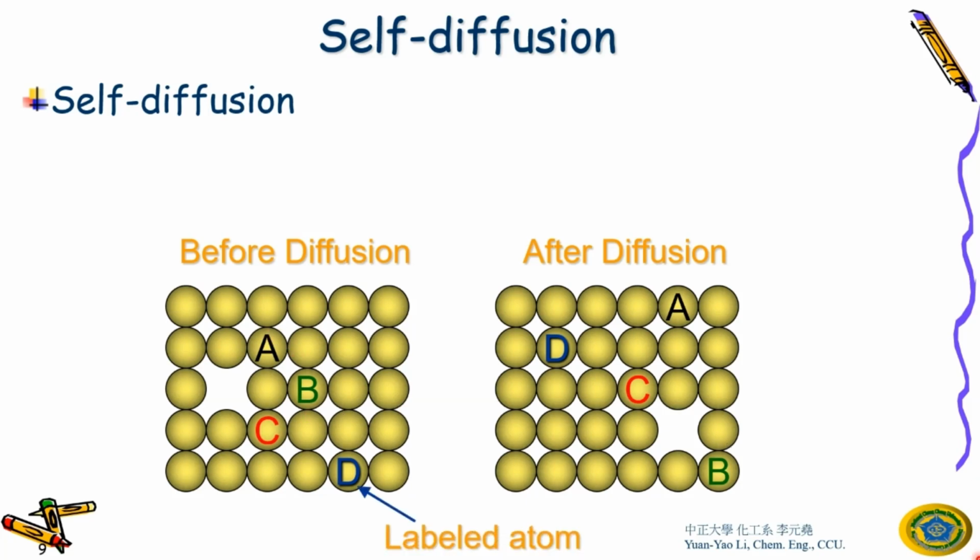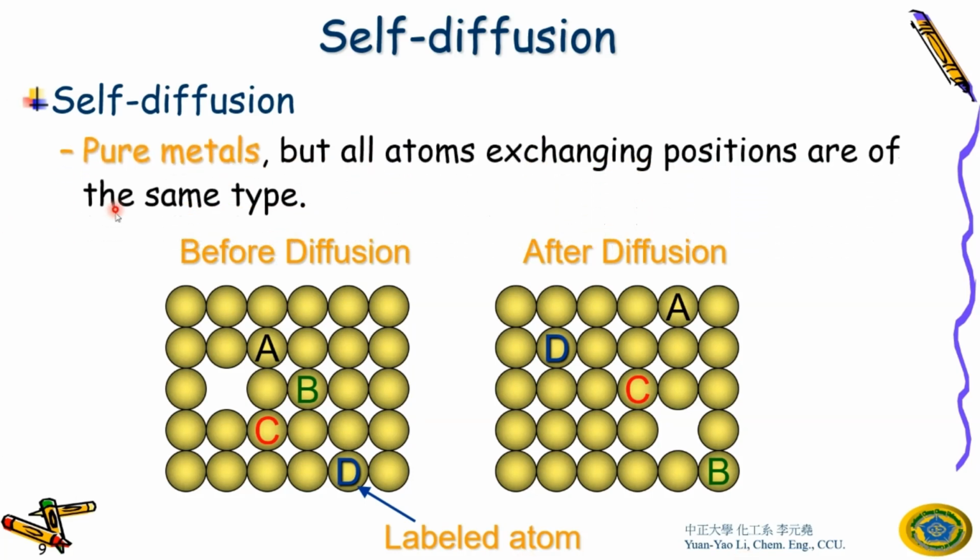So self-diffusion means that this is a labeled atom. In pure metals, all the atoms exchanging positions are of the same type. If you have a vacancy, after the diffusion, the A atom might move from here to here, from here to here. Okay, so this is what we call self-diffusion.